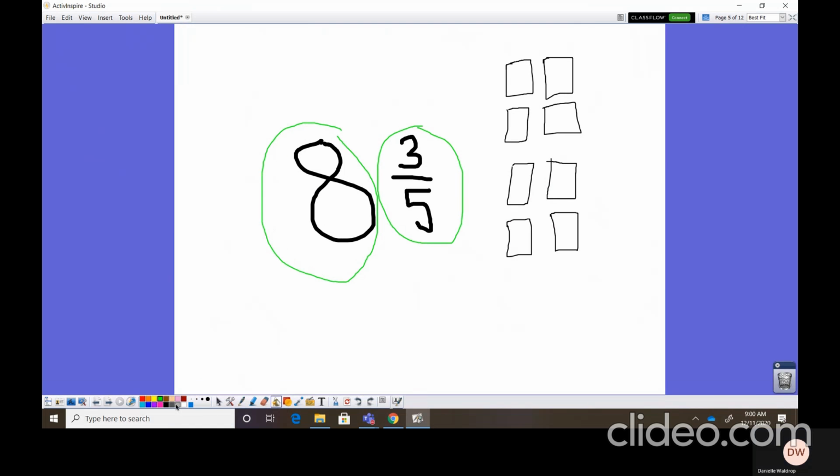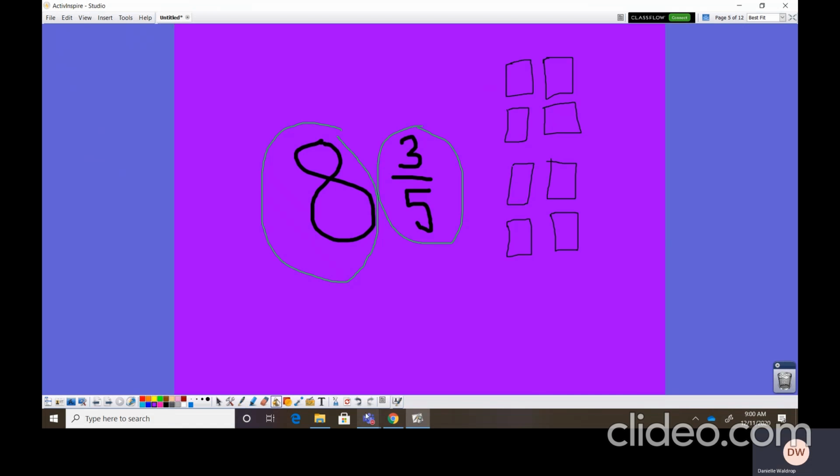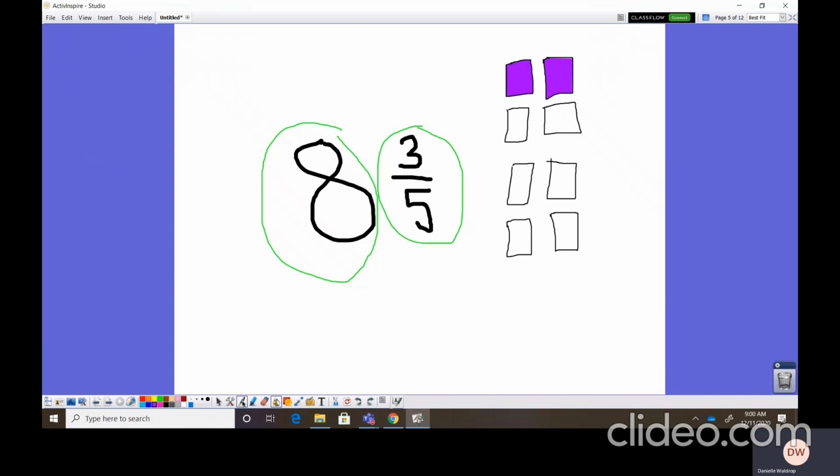Whoops. Get my color. So 1, 2, 3. Oh no, that's not good. Let me close in one of them boxes up here. Hopefully that took care of it. Okay. 3, 4, 5, 6, 7, 8.